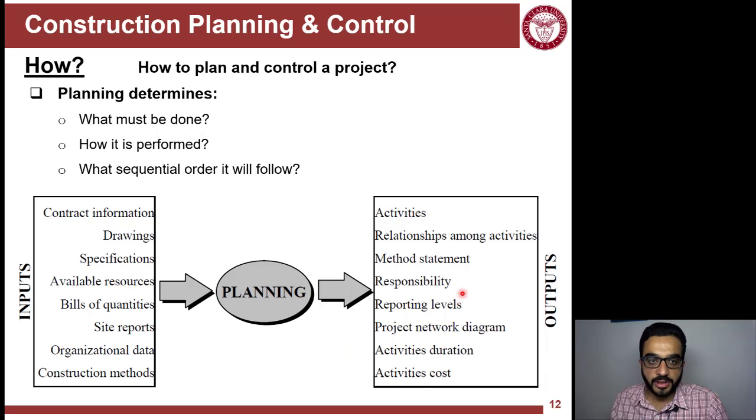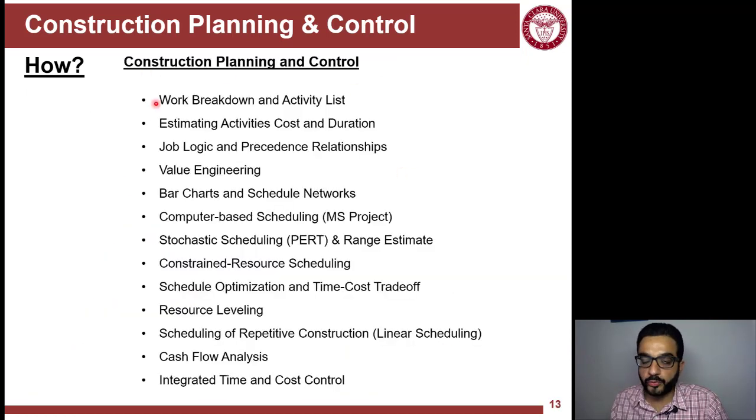So in this course, we'll deal with most of this list in the coming videos. You will learn how to develop a work breakdown structure, how to develop from it an activities list and define the scope of each one, calculate the duration and cost, how to optimize schedules, and how to deal with resource-constrained schedules and cash flows and other topics.